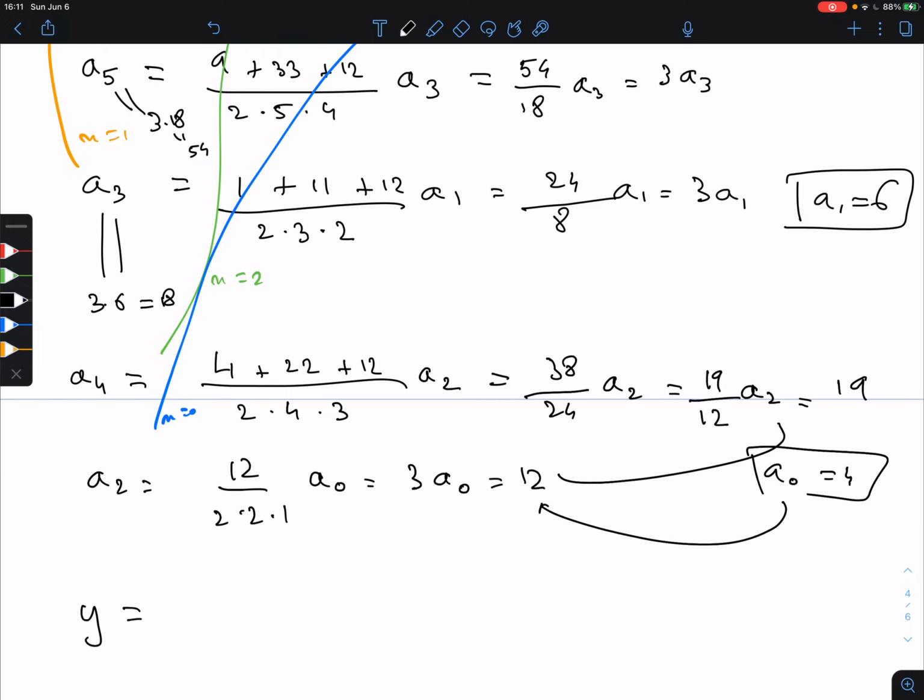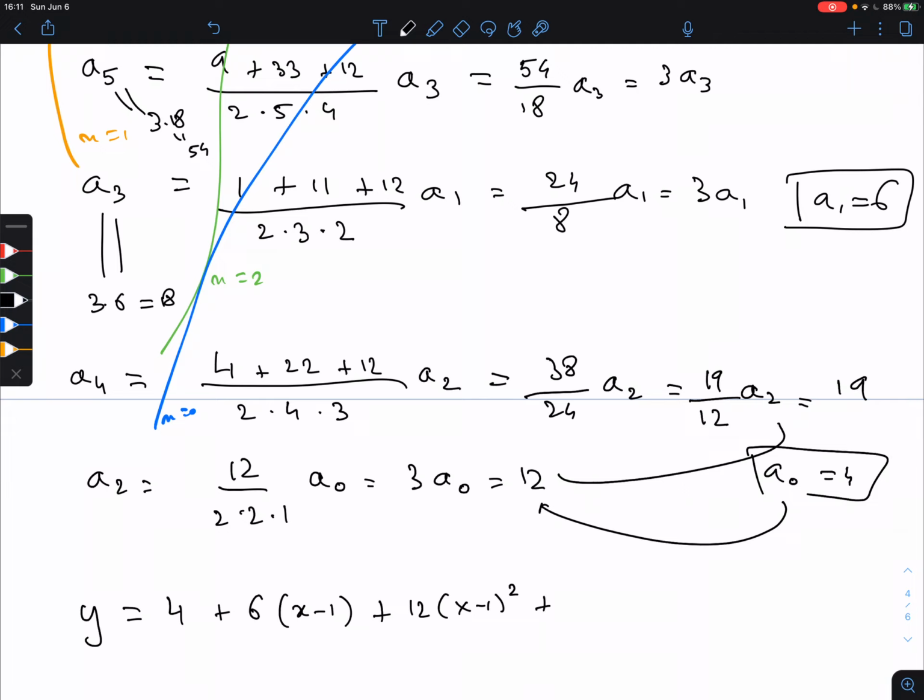So what does our series look like? Well, y equals A0, 4. A1 is 6. So 6 x to the power x? No, x minus 1. These are the coefficients of the powers of x minus 1. Plus A2 was 12, plus 12 times (x minus 1) squared.